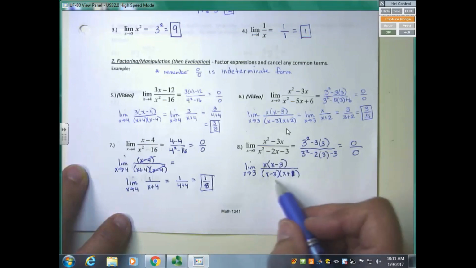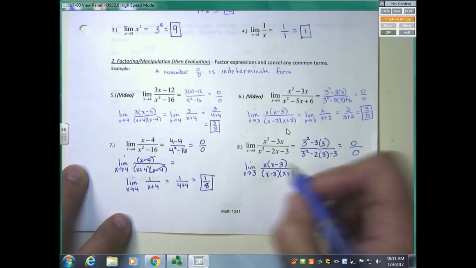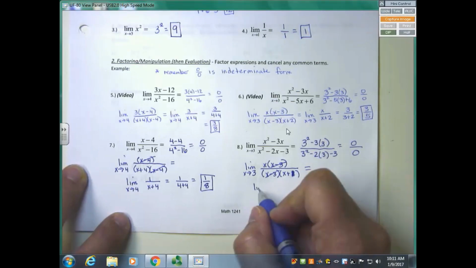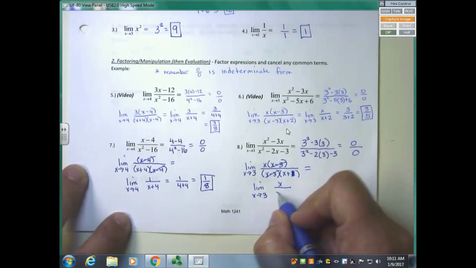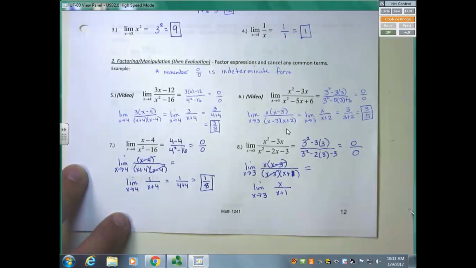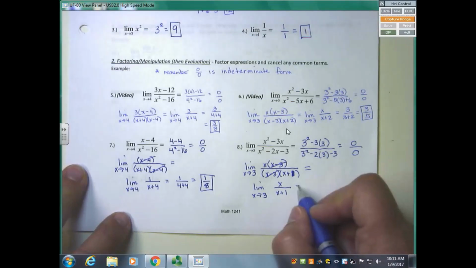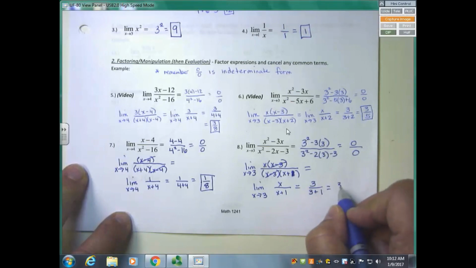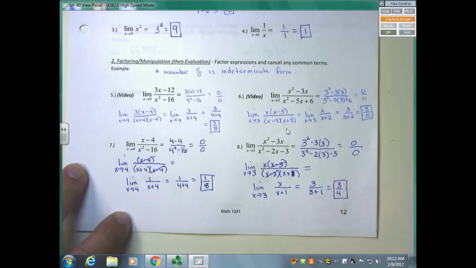So x minus 3, x plus 1. All right, so the x minus 3s are going to cancel out. So now you're left with the limit as x approaches 3 of x over x plus 1. So there's your new limit problem. Now you can try substituting in the 3 again. 3 over 3 plus 1. So 3/4 is your limit.